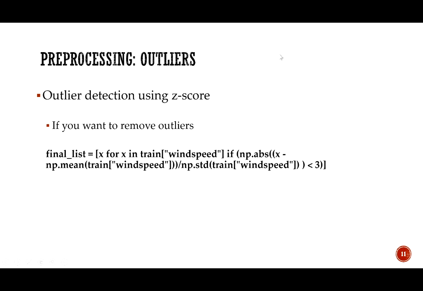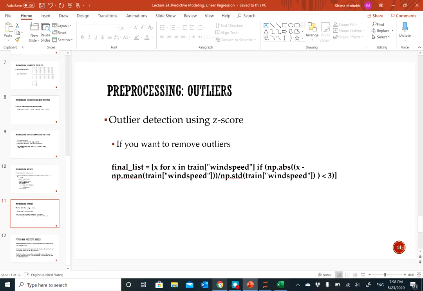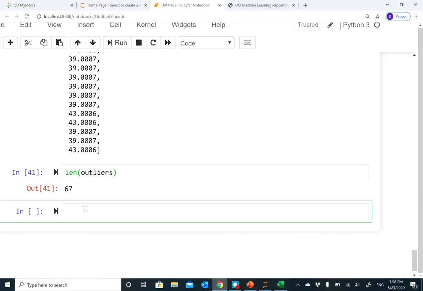So we can quickly implement this, and you can see the final list. So final list for this variable if we want to remove all outliers. And you can see I'm defining the for loop and the selection statement inside the bracket.